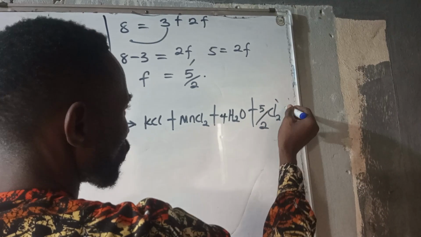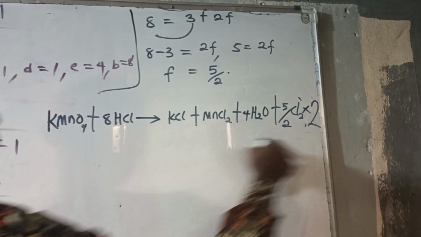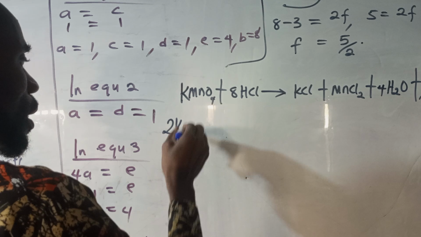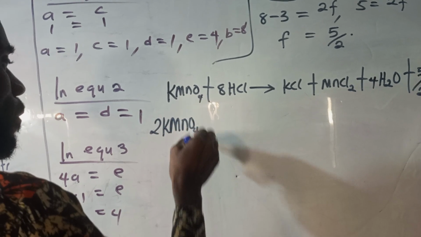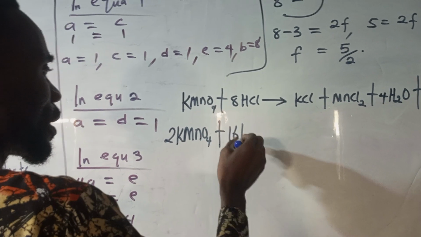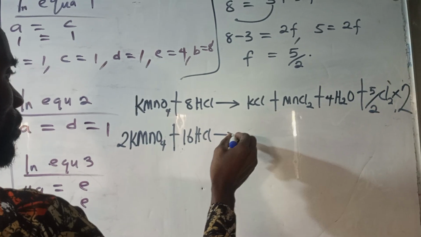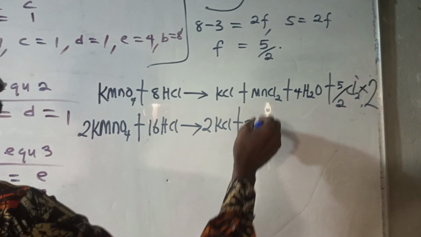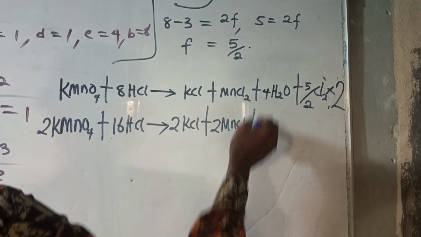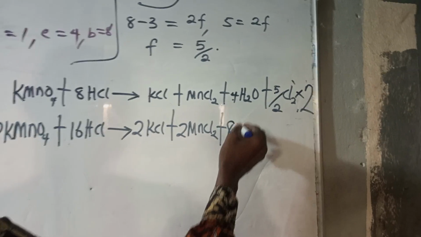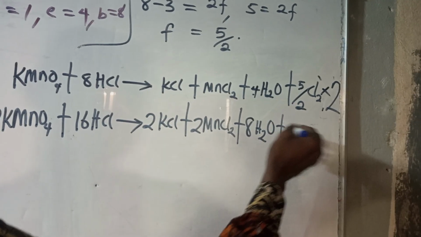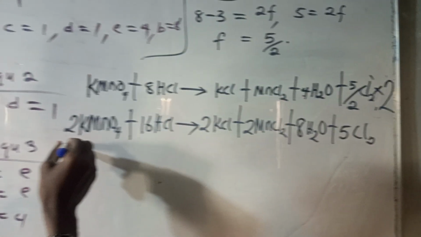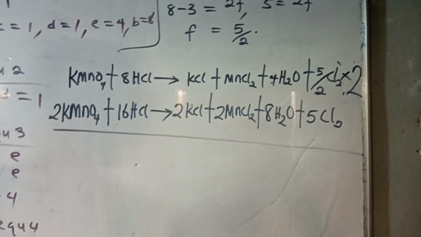If we multiply the entire equation by 2, I will now have 2KMnO4 plus 16HCl to form 2KCl plus 2MnCl2 plus 2 times 4, which is 8H2O, plus, the 2 cancels out, I have 5Cl2. What we have here now is a balanced equation.